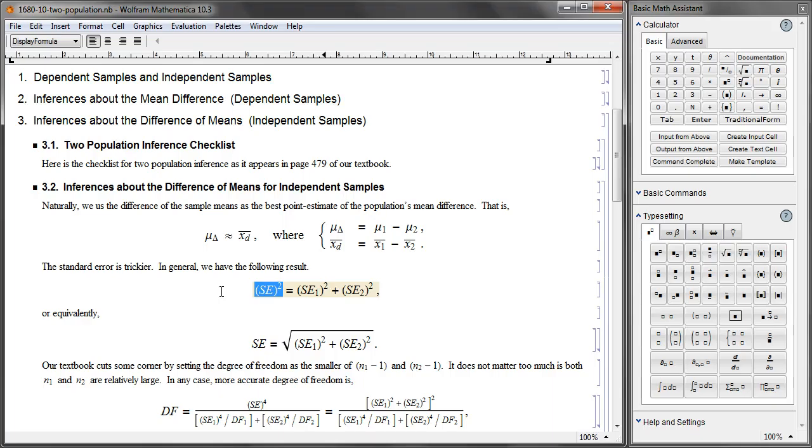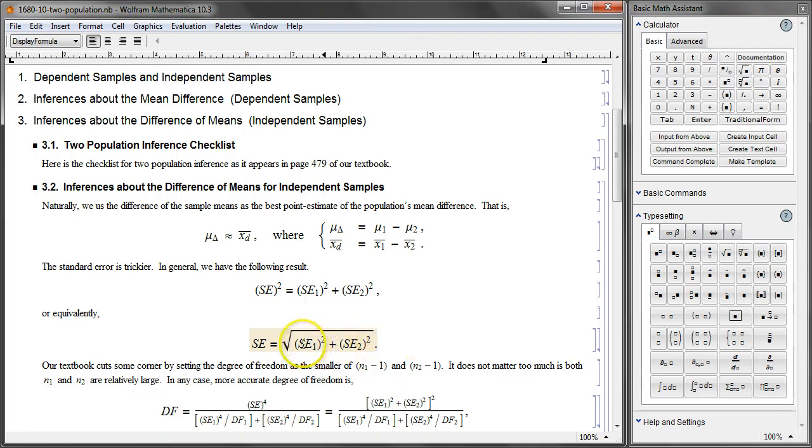Indeed, this is Pythagorean if you dig deeper. But this is just a 1000 level course, so I'm not going to go too deeply into that. Now take the square root of both sides, and this is what we get. The standard error of the entire system is equal to square root of SE1 squared plus SE2 squared.